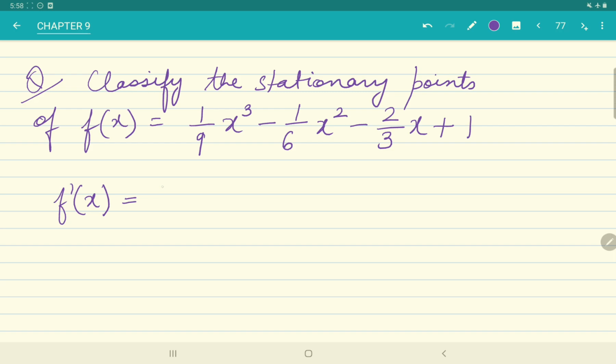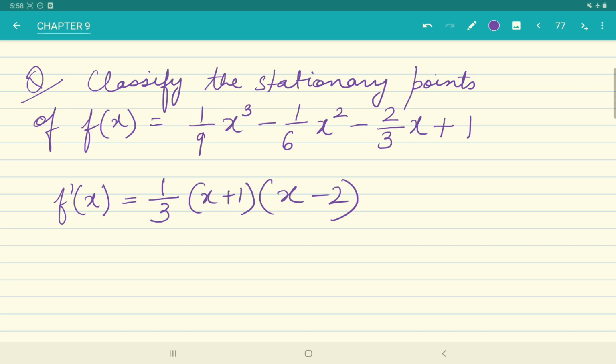It's exactly the same question we have considered earlier: f prime x is 1 by 3 x plus 1 times x minus 2.